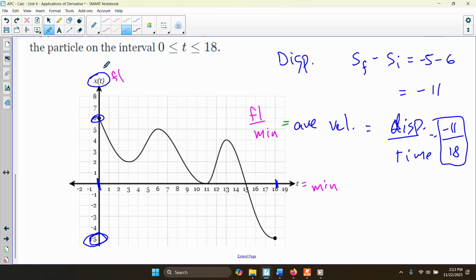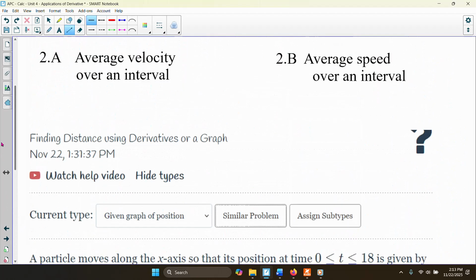To make a connection to the previous skill, it is the slope of the secant line, negative 11 over 18, floors per minute or meters per second or whatever. So that answers the displacement and velocity questions.